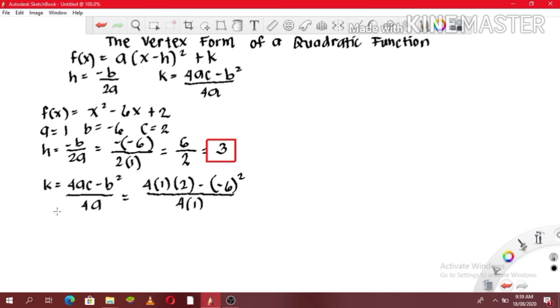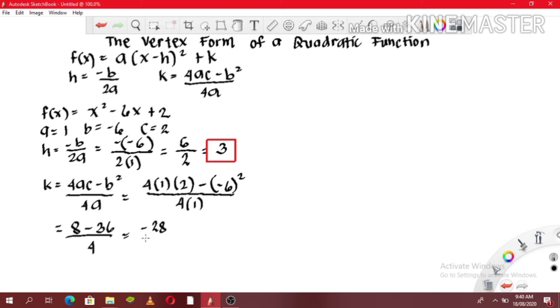Solve. So, lagay natin dito sa baba ang sagot. 4 times 1 times 2, that is 8, minus the square of negative 6, or negative 6 times negative 6, that is 36, divided by 4 times 1 is 4. Now, 8 minus 36 is negative 28.